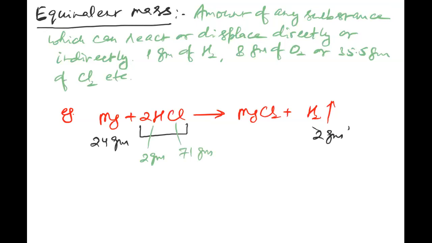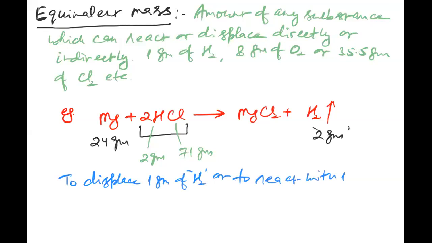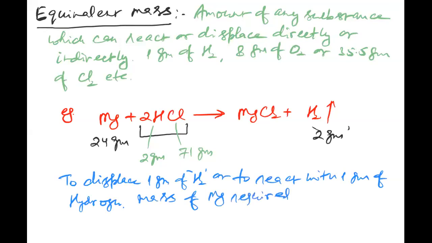So you can say, to displace 1 gram of hydrogen, or to react with 1 gram of hydrogen, the mass of magnesium required should be equal to 24 divided by 2, and it comes out to be 12 gram.